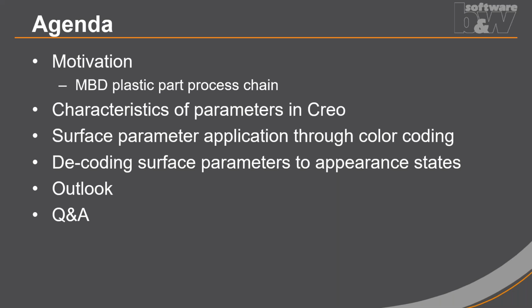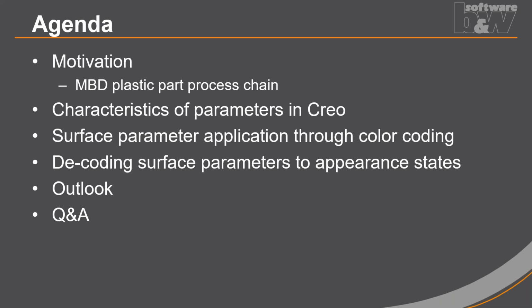The agenda shows a little bit of motivation why we are talking about parameters and colors, and we'll look at this by a model-based definition, plastic part process chain. After the motivation, I will show a little bit of characteristics of parameters in Creo itself.